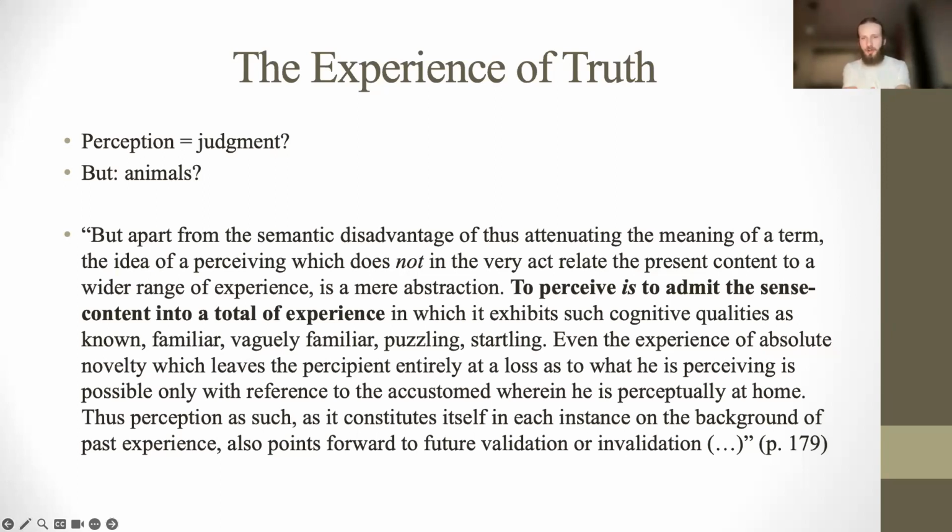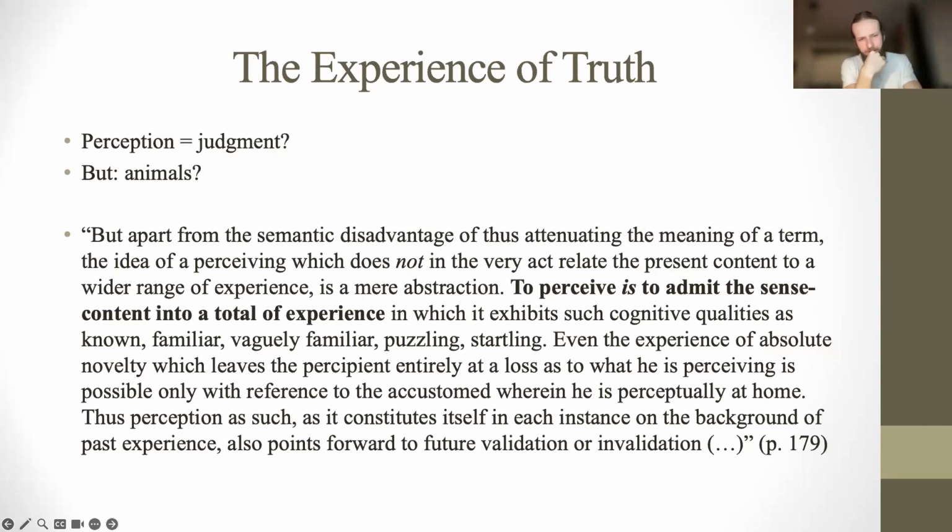The first one, a fairly obvious one, is that perception is something that obviously also happens with animals, and it seems extremely odd to suppose that animals are constantly making judgments about what they perceive. So that doesn't seem to make sense. But that's not the only reason why perception cannot be a kind of judgment.